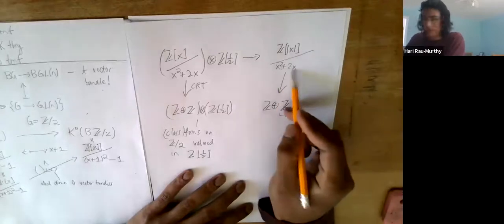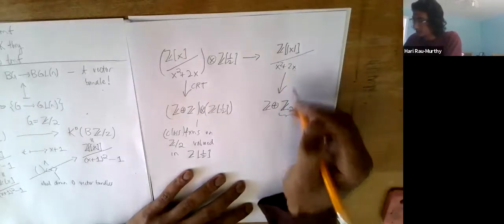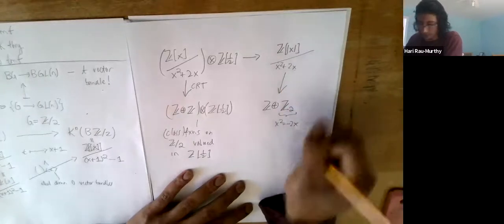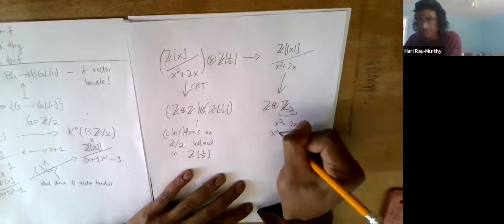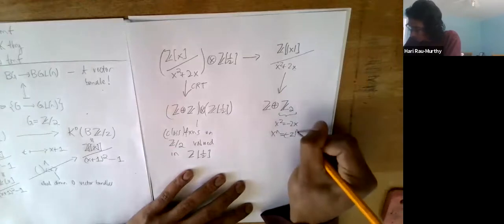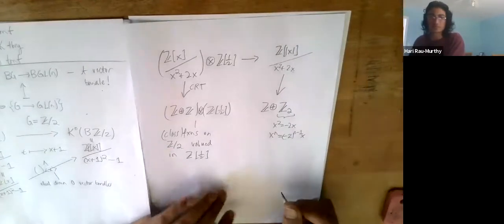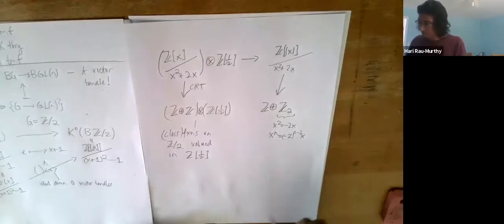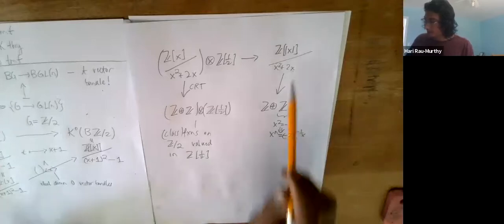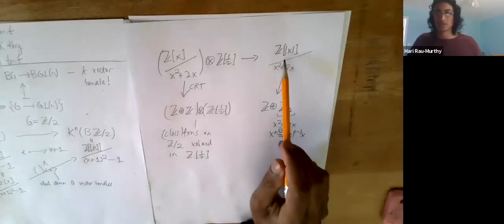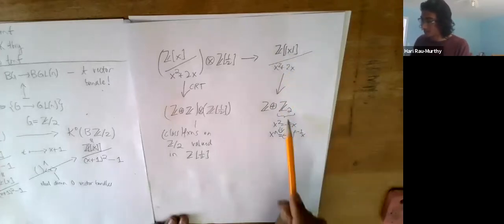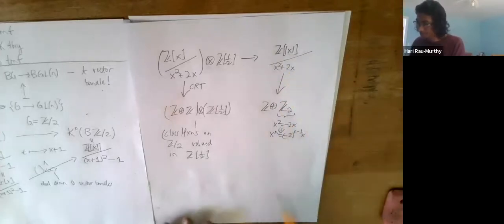This x squared plus 2x tells us that x squared equals minus 2x, and x to the n equals negative 2 to the n minus 1 x. So this power series in x turns into a power series in 2, and that's where this 2-adic factor comes from.